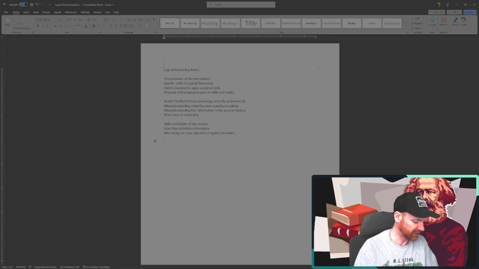Over the course of a section, the difficulty of questions fluctuates according to somewhat consistent and predictable patterns to be discussed in later lessons. The average test taker gets anywhere from 10 to 12 wrong per 25 questions section. That's a lot.